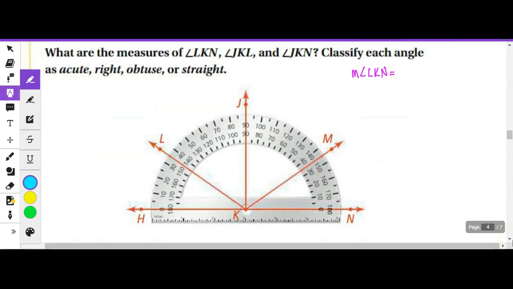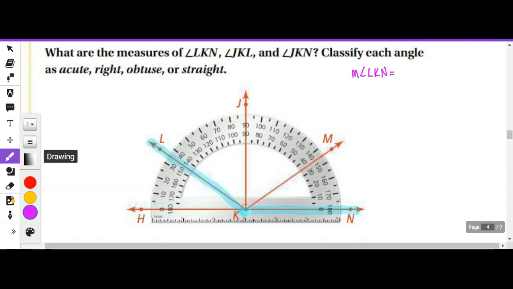Okay, let's see if we can find the measure of angle LKN. That's this angle right here. Can you tell before doing the math what the classification is? LKN is going to be obtuse. And notice I have two sets of numbers on my protractor. I'm going to use the inner numbers.